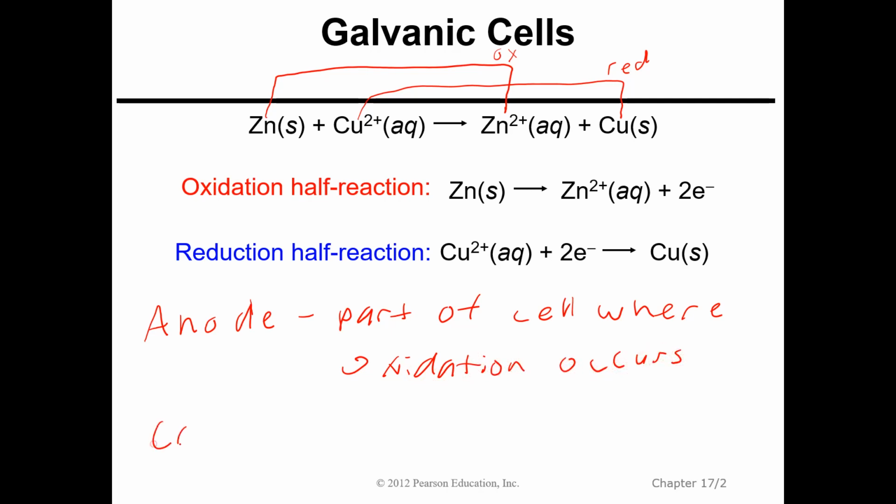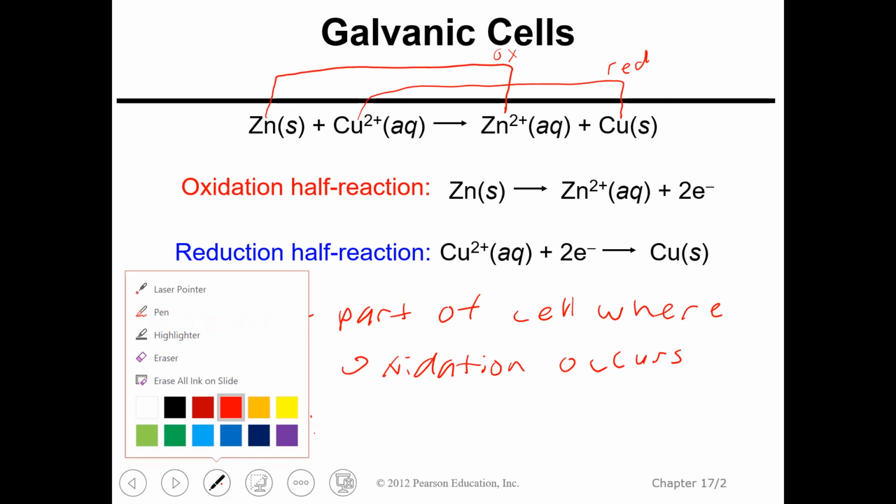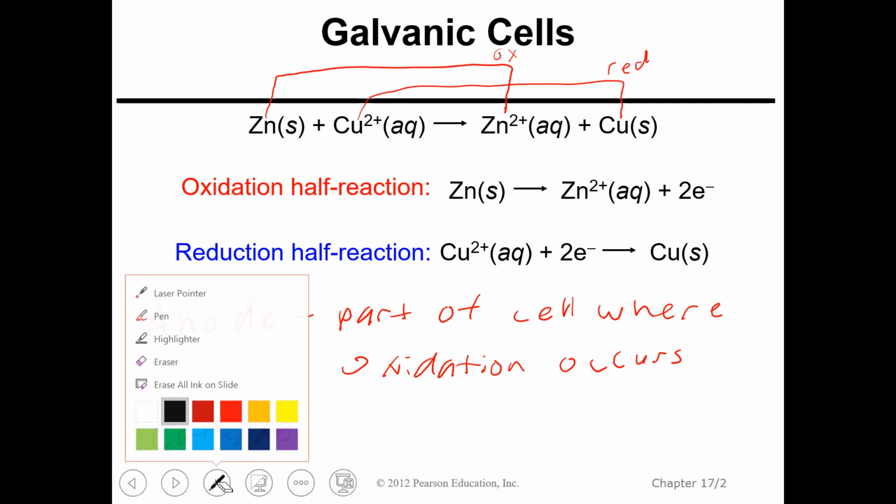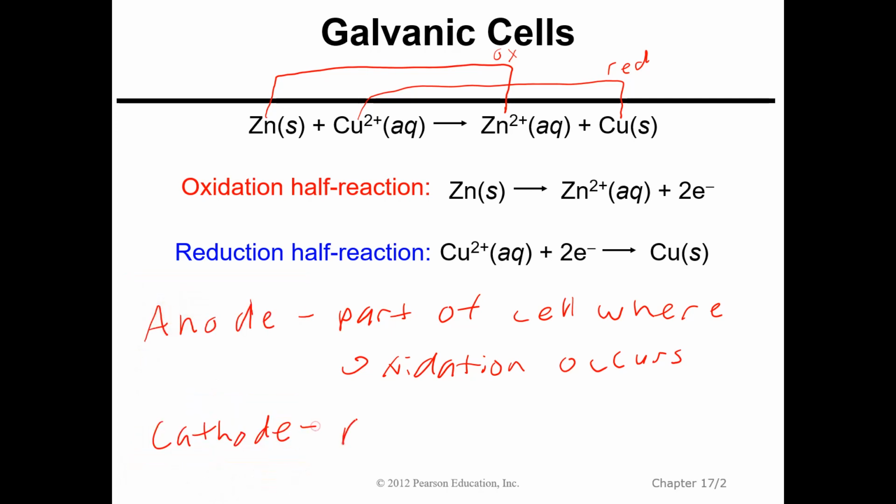And the cathode is the part of our electrochemical cell where reduction occurs.